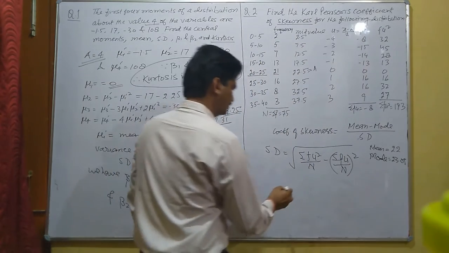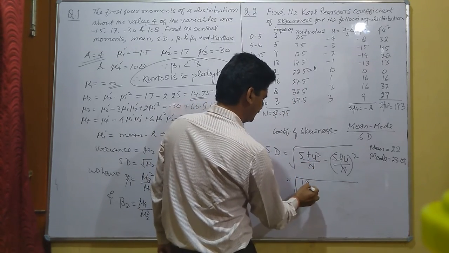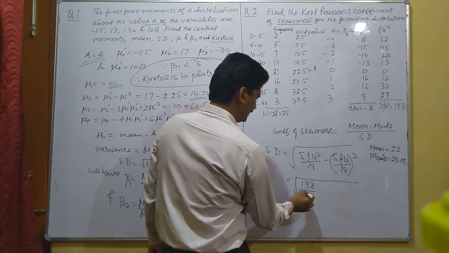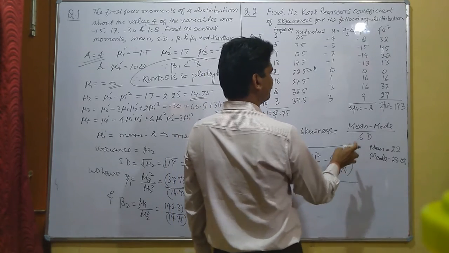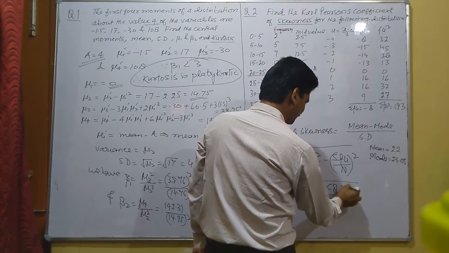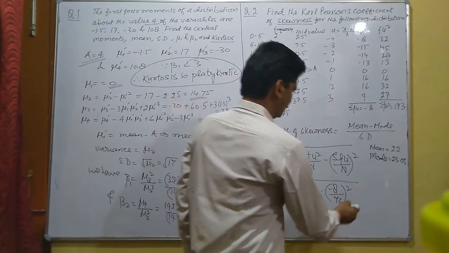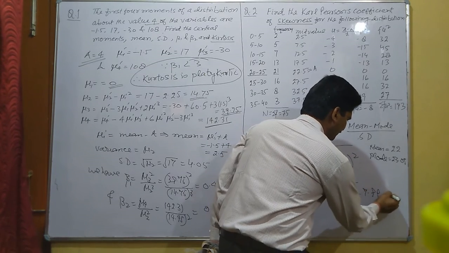And after putting these values in the formula, sigma fu square 193 upon n, 75, minus sigma fu, that is minus 8 upon n, 75, whole square, and calculating it, it comes 7.99, approximately 8.